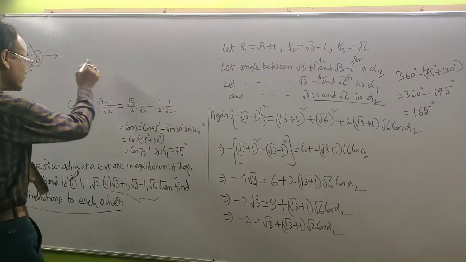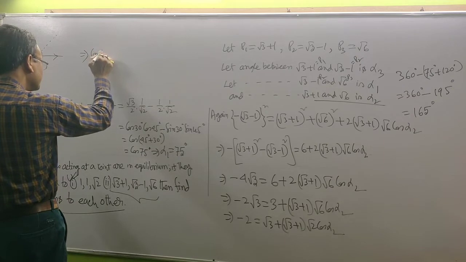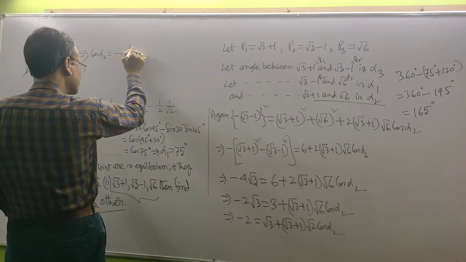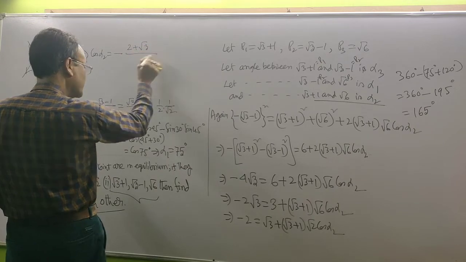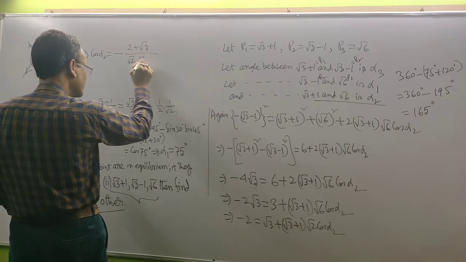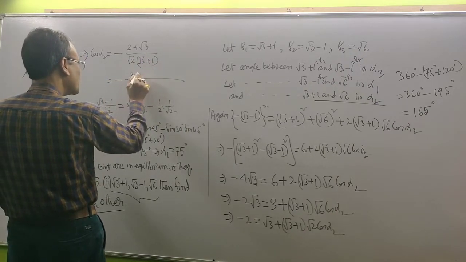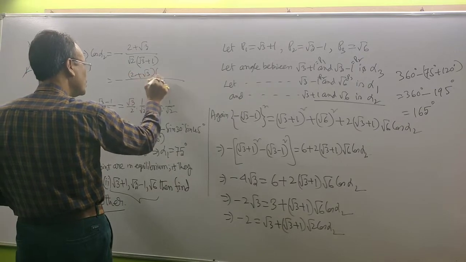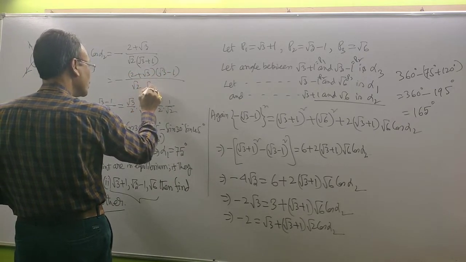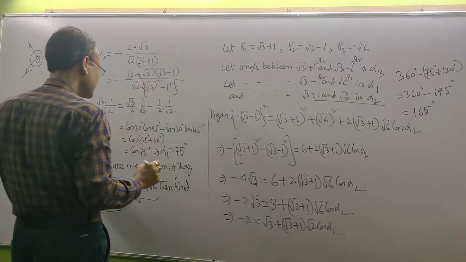This means cos alpha 2 equal to minus 2 plus root 3 divided by root 2 root 3 plus 1, or minus 2 plus root 3 to root 3 minus 1 root 2 root 3 whole square minus 1 square. You may write like this.